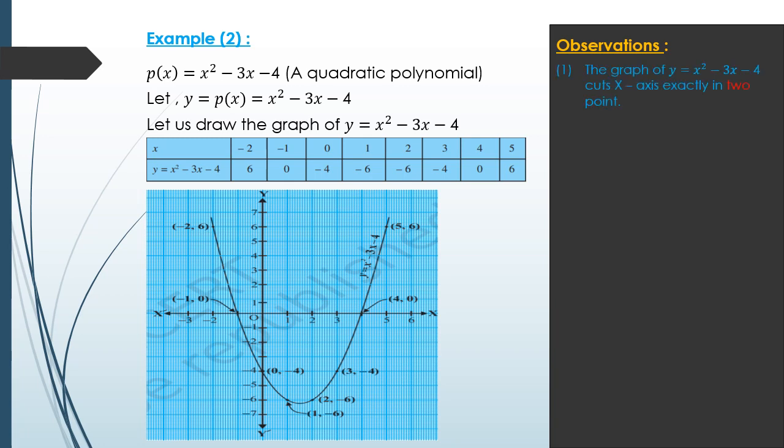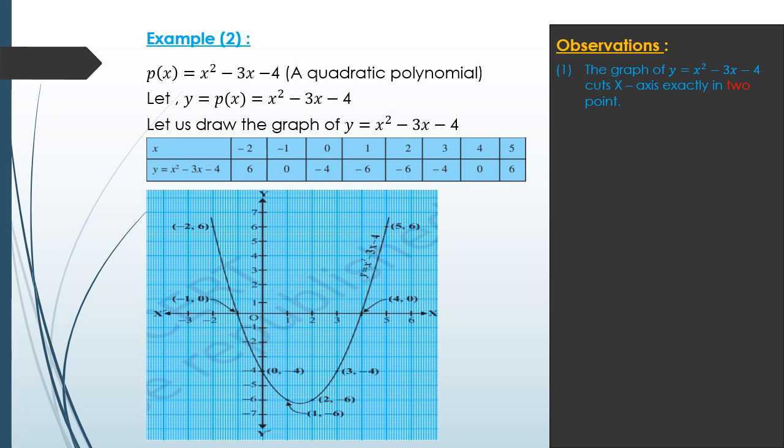Our first observation: the graph of y is equal to x square minus 3x minus 4 is intersecting the x axis in exactly 2 points. Once again we can say that whatever the number of zeros of a polynomial, the graph is intersecting the x axis only that number of times.